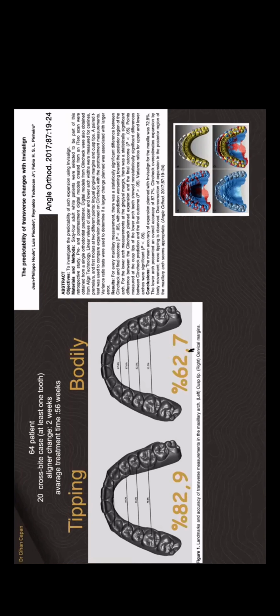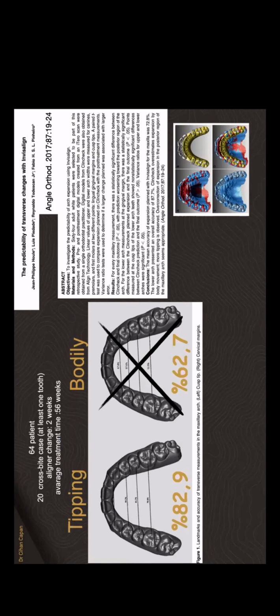So what we can say in this study is that in aligner therapy, we mainly do tipping when we do expansion. So we don't talk about bodily movement mainly in aligner therapies.